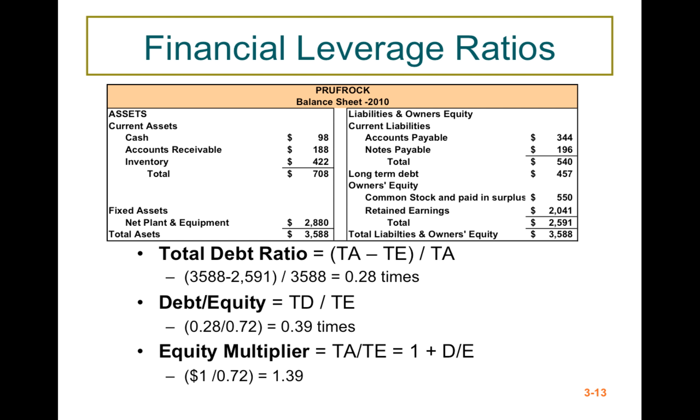Your debt to equity ratio is another thing you could look at for financial leverage, and your equity multiplier as well, another ratio that could be important here, where you're looking at your total assets over your total equity, or alternatively, 1 plus your debt over equity.